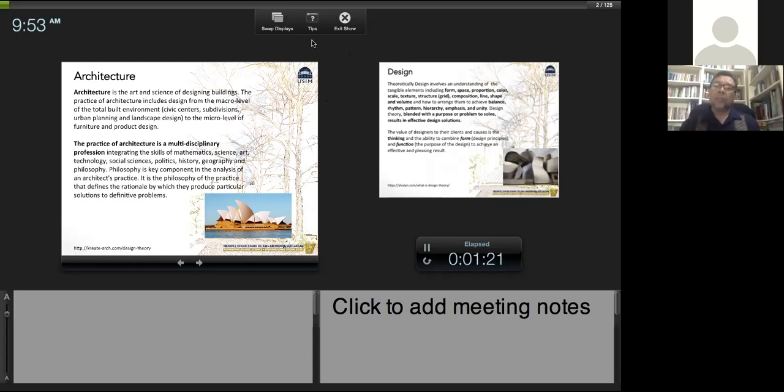That is very important and good for you to keep adding to your vocabulary book so that you will be familiarized with whatever is required in the design process. Architecture is the art and science of designing buildings. The practice of architecture includes design from the macro level of the total built environment, for example civic center, subdivision, urban planning, and landscape design, to the micro level of furniture and product design.